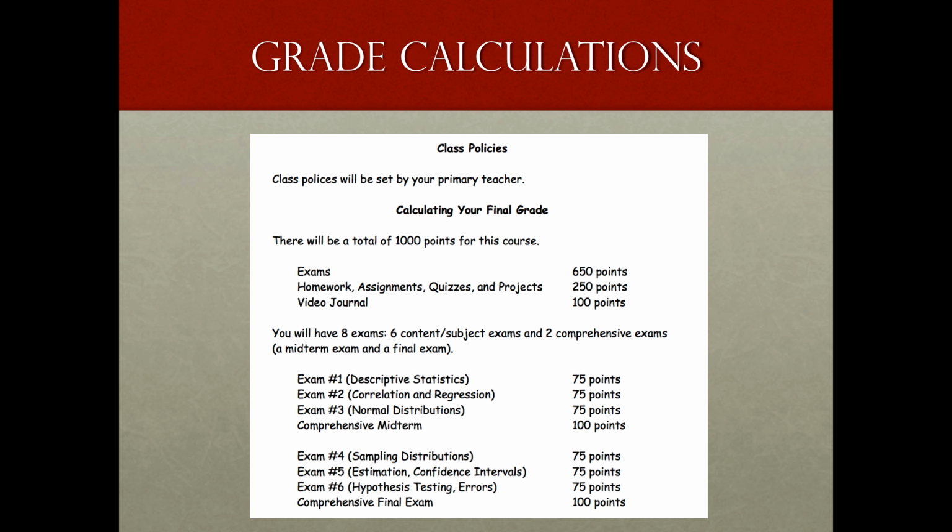Now, I'm sure every teacher will be asked this 100 times, or at least it seems like I am: is the final exam comprehensive? Does the final exam just cover the content from exams 4, 5, and 6? No. The final exam is totally comprehensive, meaning that it covers all the material that's been covered throughout the course from day one.